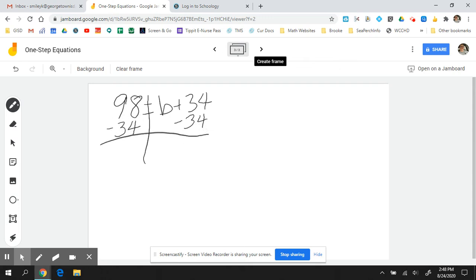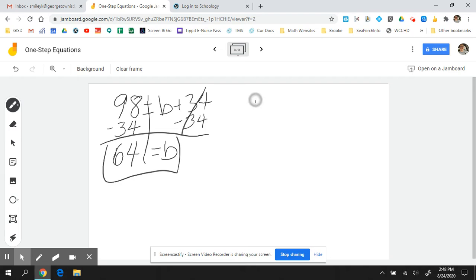If you can't do this math in your head, grab a calculator. You get 64 equals b. That is your answer. Do the opposite of the operation that you see.